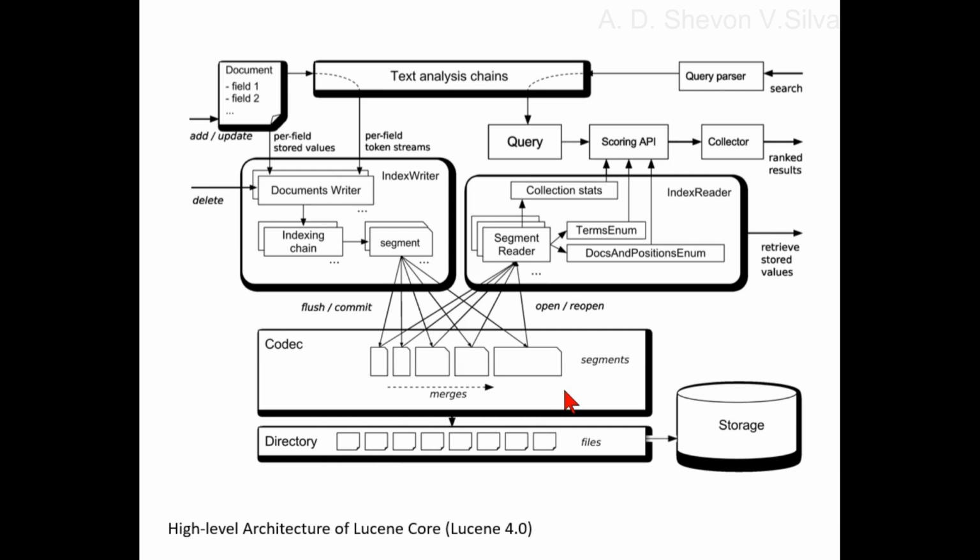The index reader class. The index reader provides high-level methods to retrieve stored fields, term vectors, and traverse the inverted index data. Behind the scenes, it uses the codec API to retrieve and decode index data.